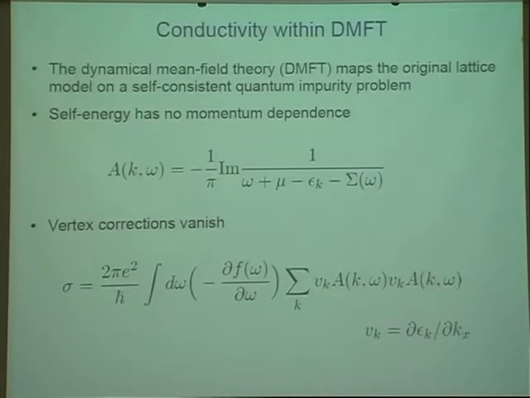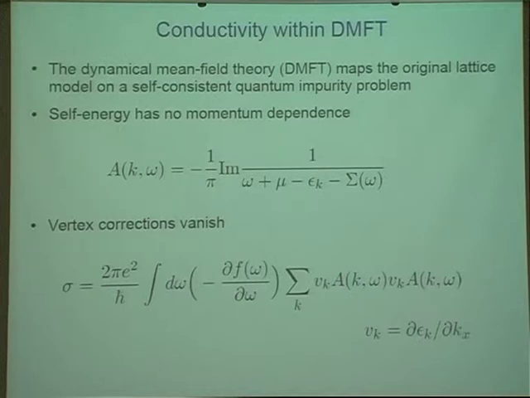Okay, so just here some formalism, but this is just going to be this slide. Within DMFT, like Antoine said this morning, the idea is you start from your model on a lattice, the Hubbard model on a lattice, and you map it onto a simpler, but still not so easy, model of a quantum impurity embedded in a bath, and you solve this self-consistently.